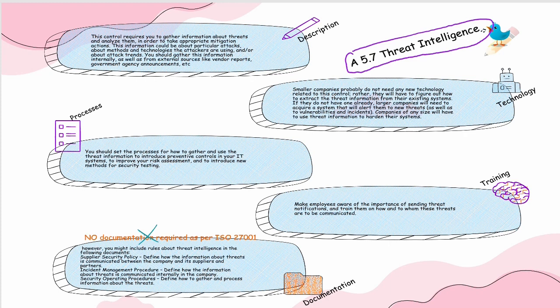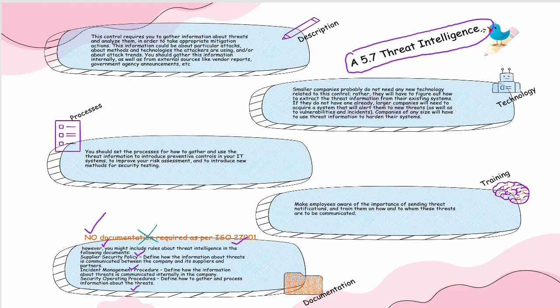As I explained in my previous slide, there is no documentation required as per ISO 27001 for this control. But it is suggested that you may include rules about threat intelligence in the following documents: supplier security policy, incident management procedures, and security operation procedures.